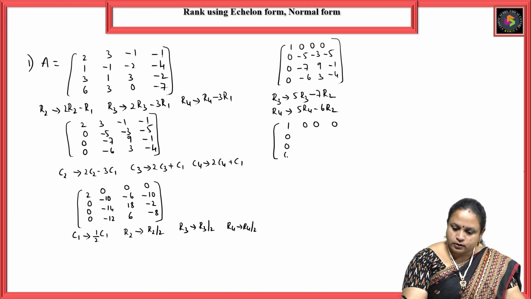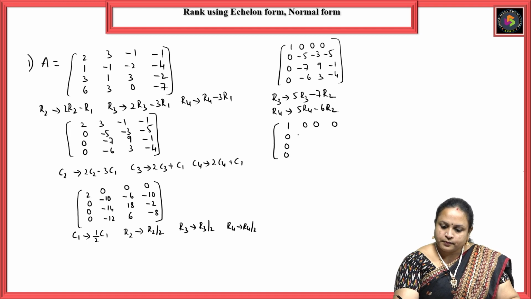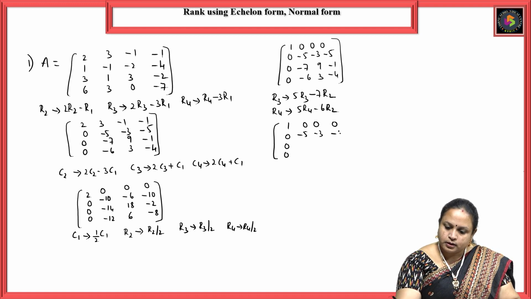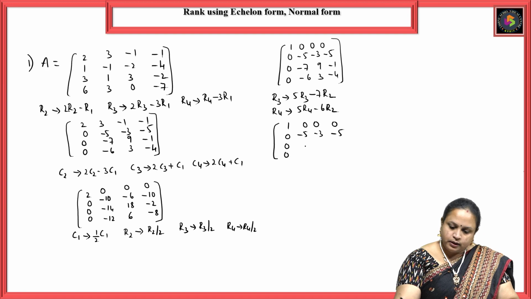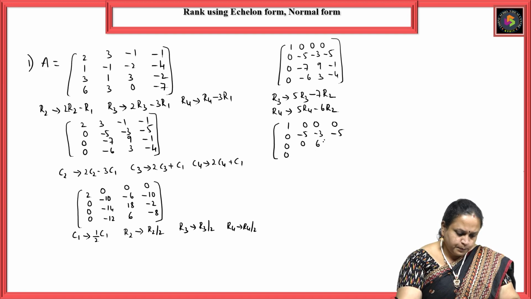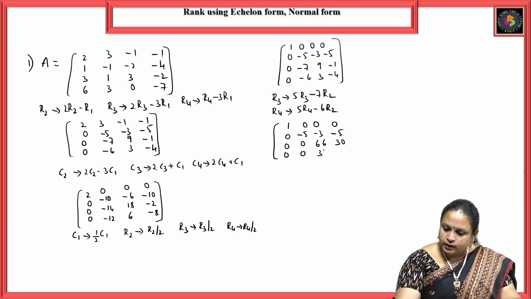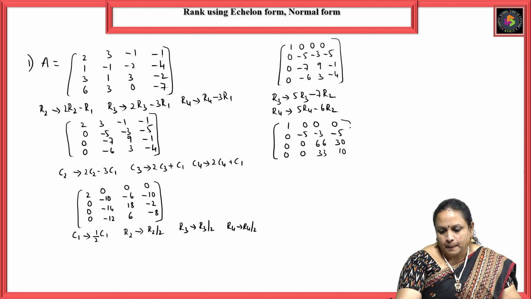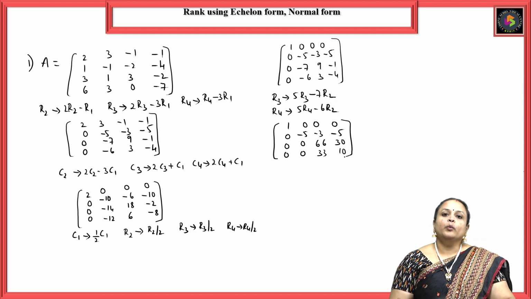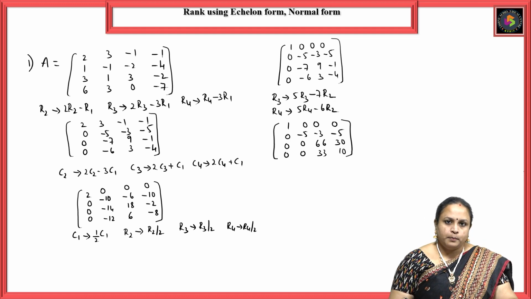Here also all are zeros. So minus 5, minus 3, minus 5. Then it is 0 0, 66 and 30. Then it is 0 0, 33 and 10. This is what we will get when we apply these operations.